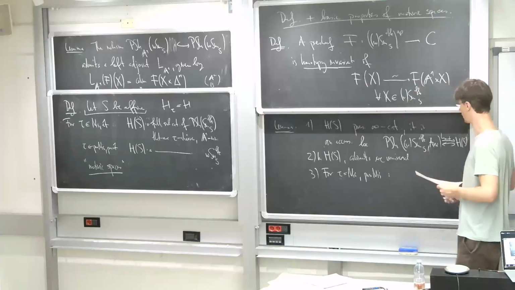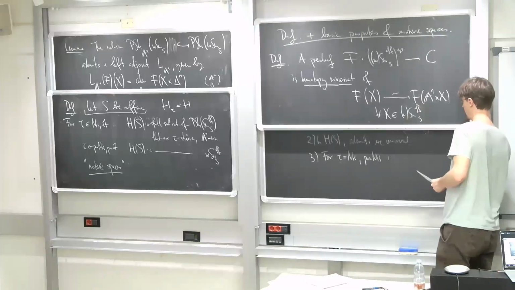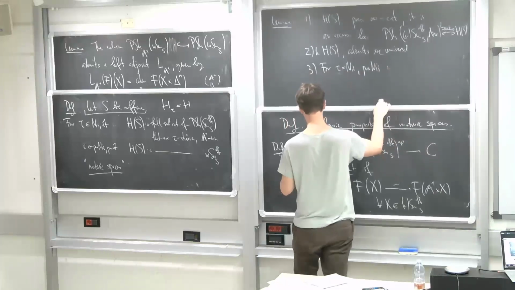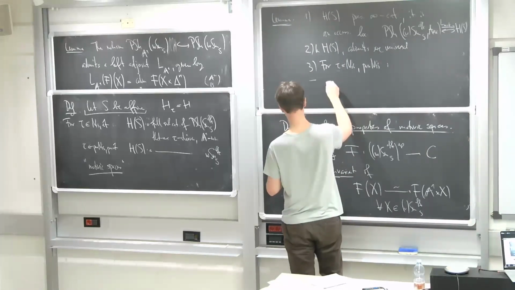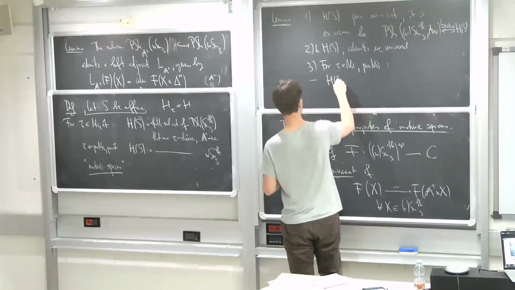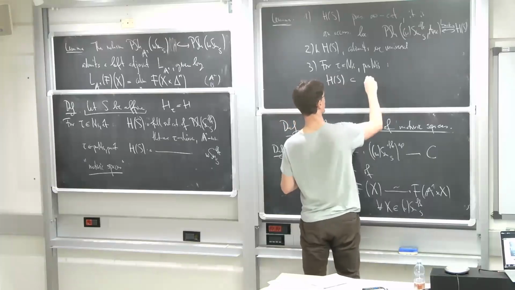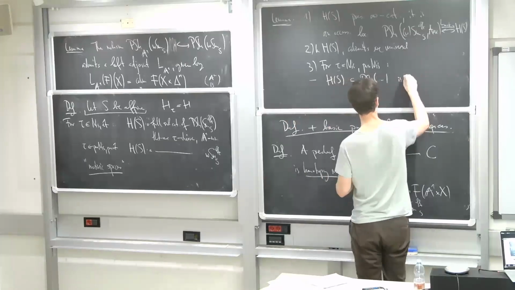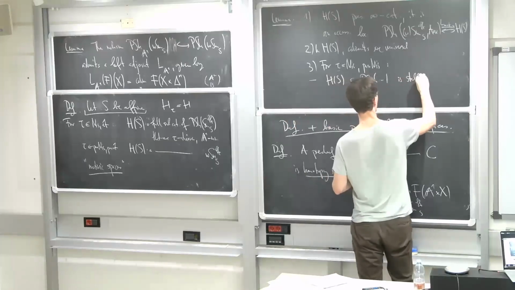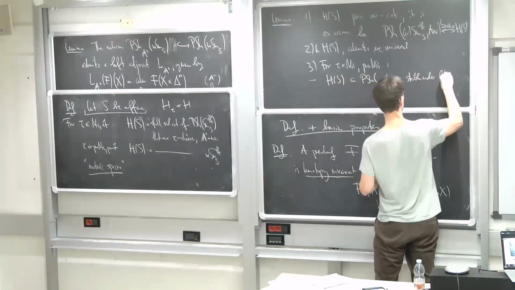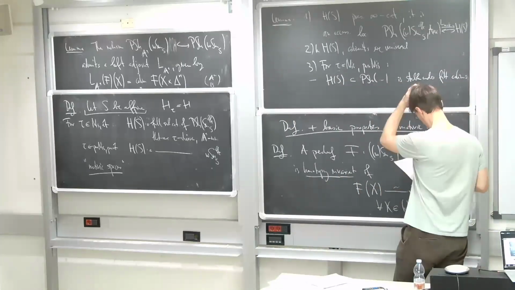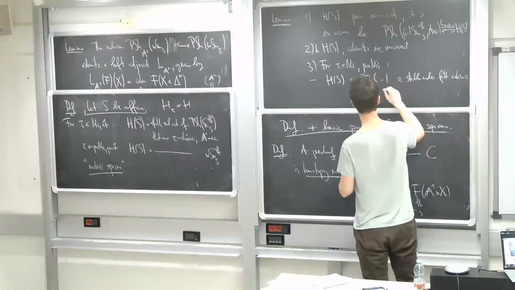There is a stronger grip on that due to this statement. So two statements here. This H of S as a subcategory of the presheaf category is stable under filtered colimits and also under finite products.